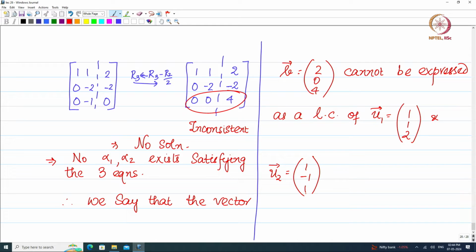So, this B vector cannot be expressed as a linear combination of the two vectors u1 and u2, that is what it is, right.